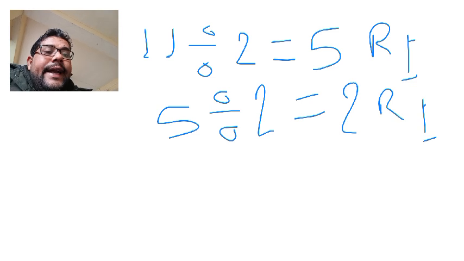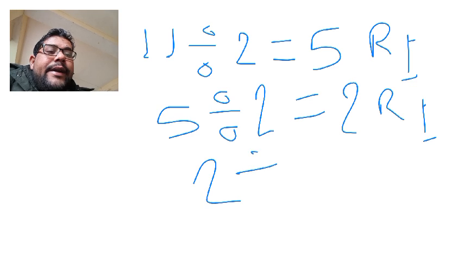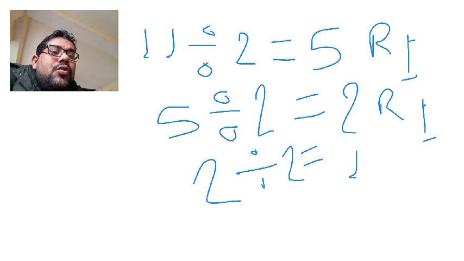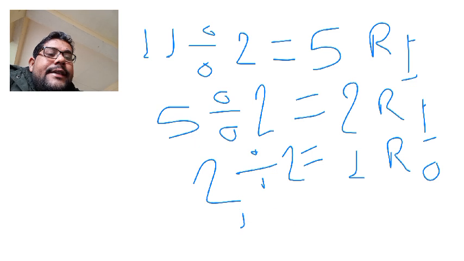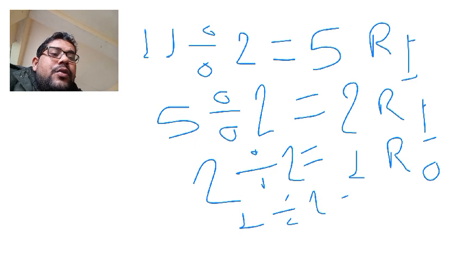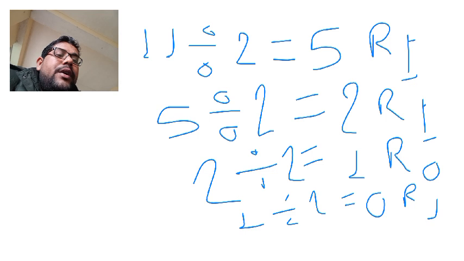Then this 2 is divided by 2 again. It goes 1 time and the remainder is 0. Then this 1 is divided by 2. It goes 0 times and the remainder is 1.